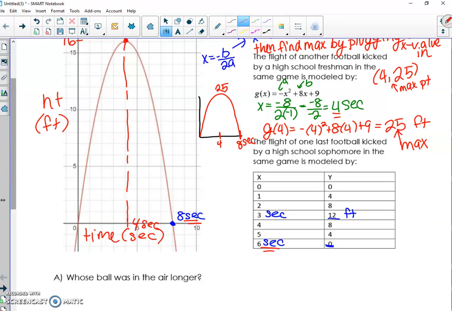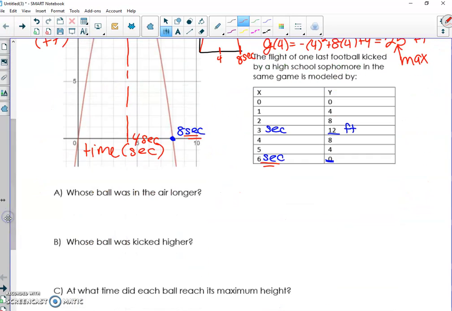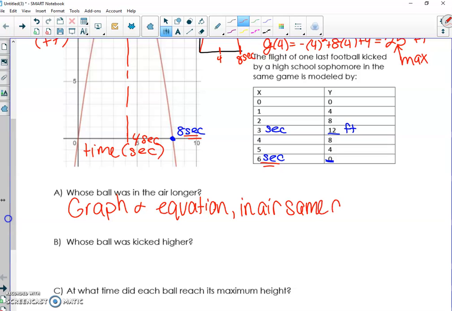So whose ball was in the air longer? The first two guys were the same. So the graph and equation are in the air the same amount of time.